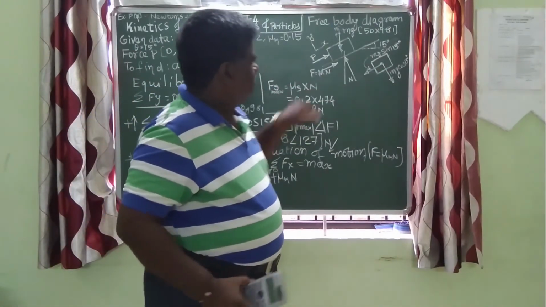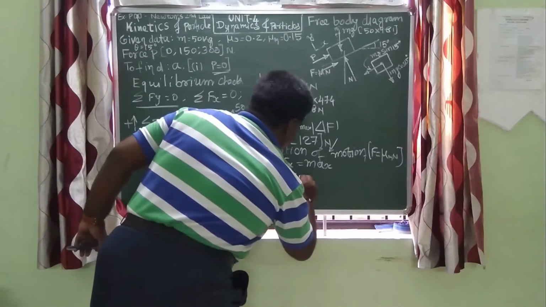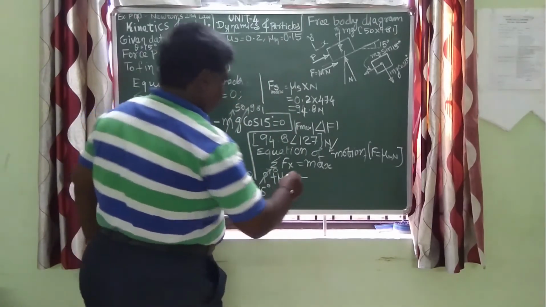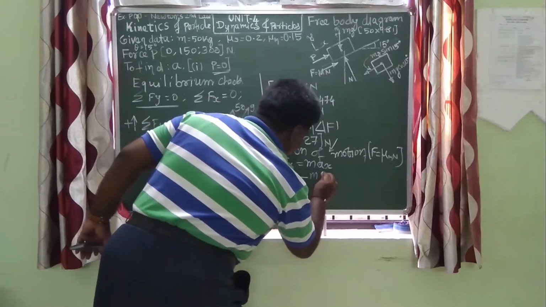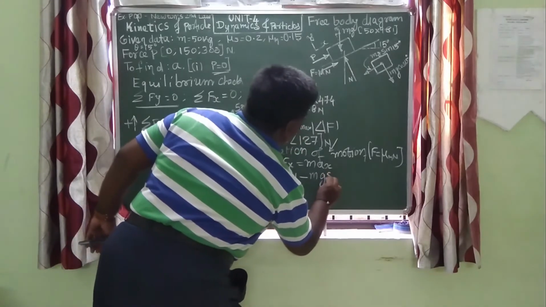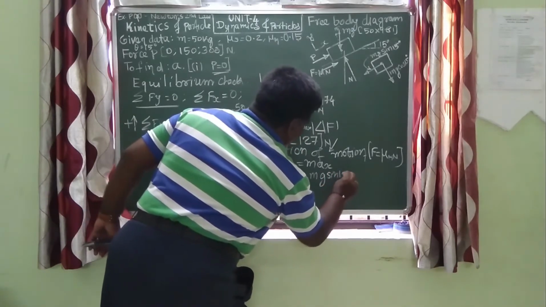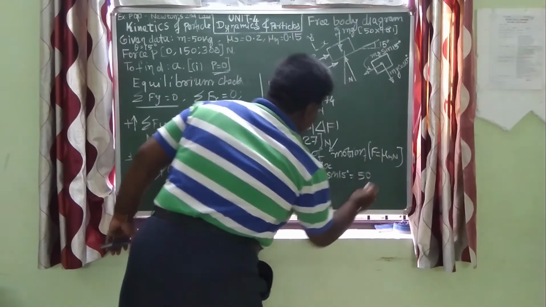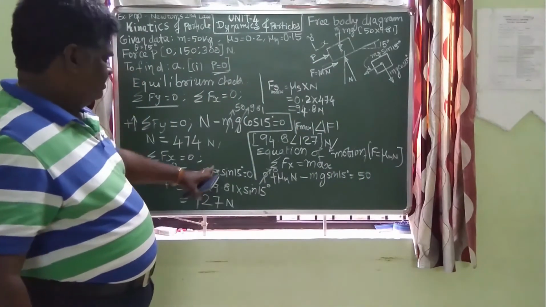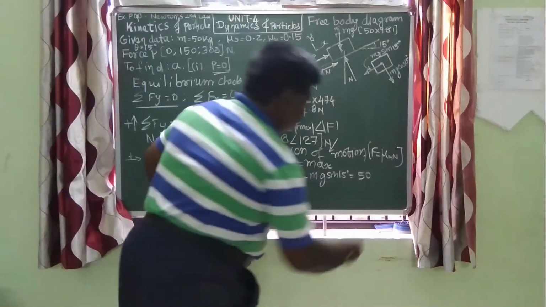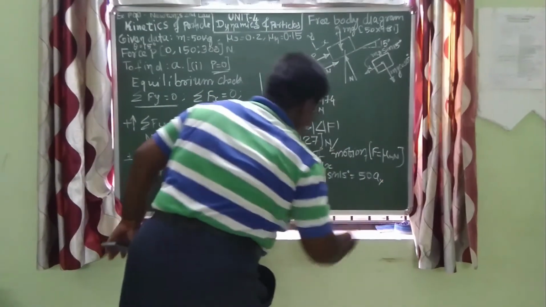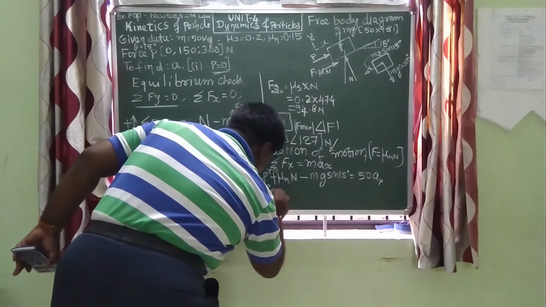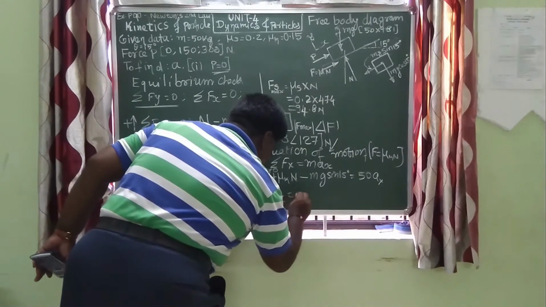Then another force is negative, minus mg sin 15 degree, equal to mass 50 times acceleration a x. Then a x we have to calculate.